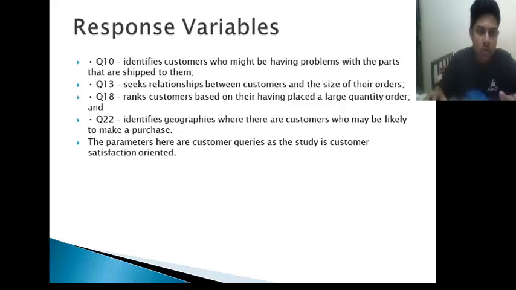And Q22 identifies geographies where there are customers who may be likely to make a purchase. These response variables are important in the electronics industry, and these are only 4 response variables. Actually, the available response variables were 22.